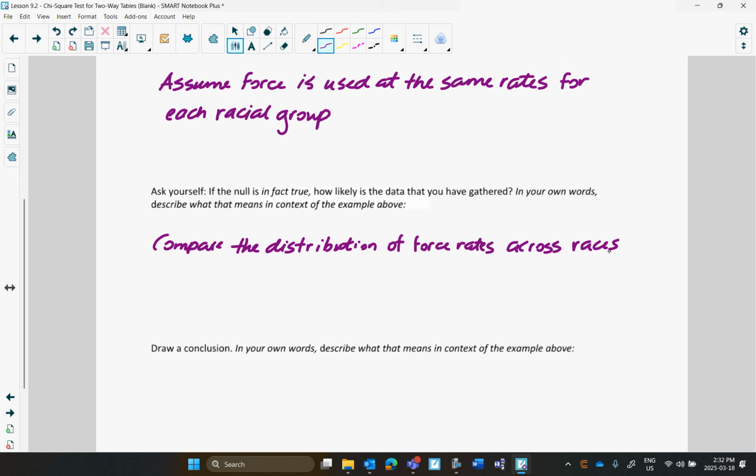Remember, we took a sample. See how different or similar they are. If our sample is very different, that suggests one thing. If our sample is very similar, that suggests another thing.